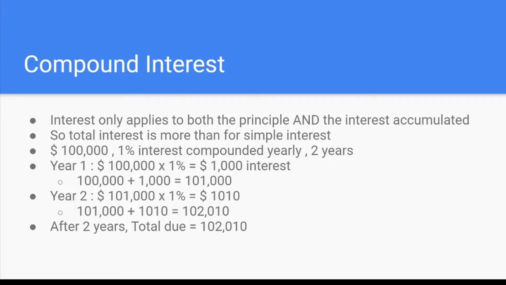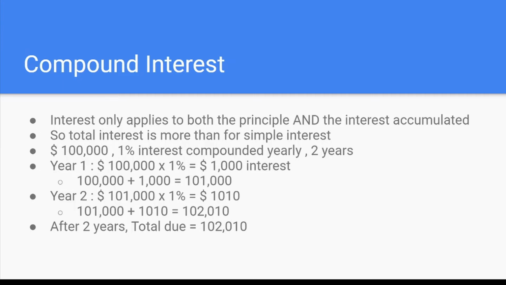And you'll have to add that together. 100K plus 1K equals 101K. So 101K times 1% is $1,010. So 101K plus $1,010 equals 102K and $10.